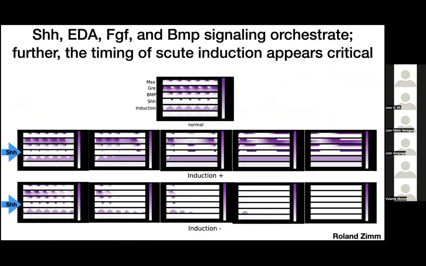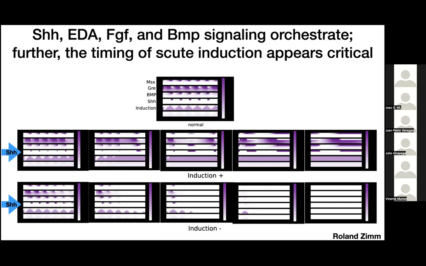So what this tells us is that these signaling molecules and their pathways are involved in orchestrating the signaling behind scute development. And using the model, we went back to see about the timing of scute induction.